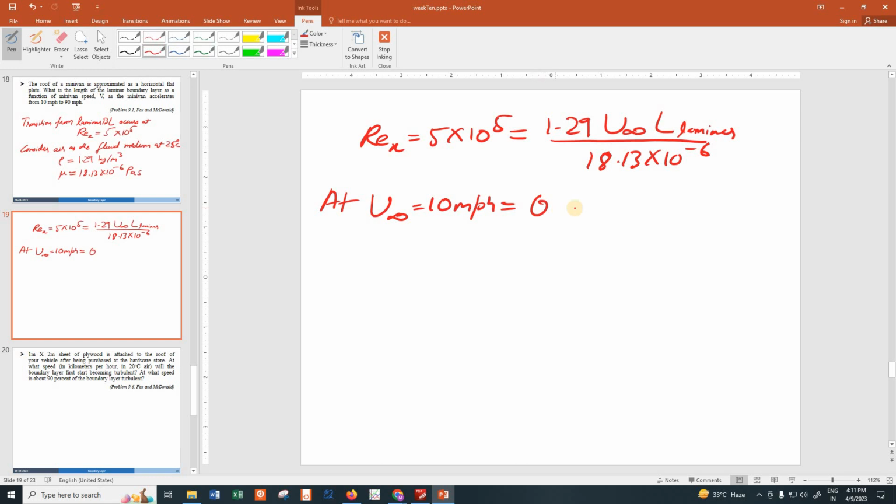Okay, so this would be 0.00278 meters per second.